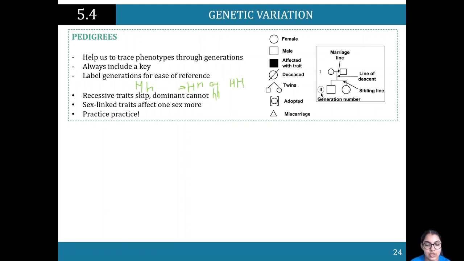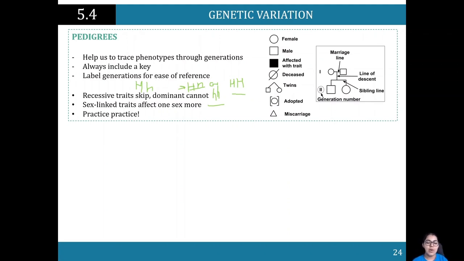So there you are. This will be homozygous dominant because it's homozygous, so they're both the same alleles. They're both dominant, and this will be homozygous recessive because again, homo, they're both the same, and they're both recessive. This is going to be heterozygous because we've got one dominant allele and one recessive allele.